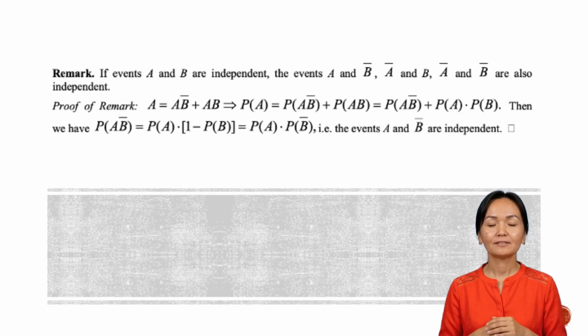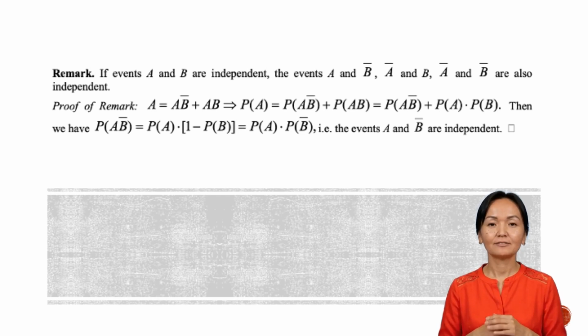We can express event A as the union of two mutually exclusive events, A complement B complement and AB. This means the probability of A equals the probability of A complement B complement plus the probability of AB. Since A and B are independent, the probability of AB equals the probability of A times the probability of B. Using some algebraic manipulation, we can show that the probability of A complement B complement equals the probability of A times the probability of B complement.